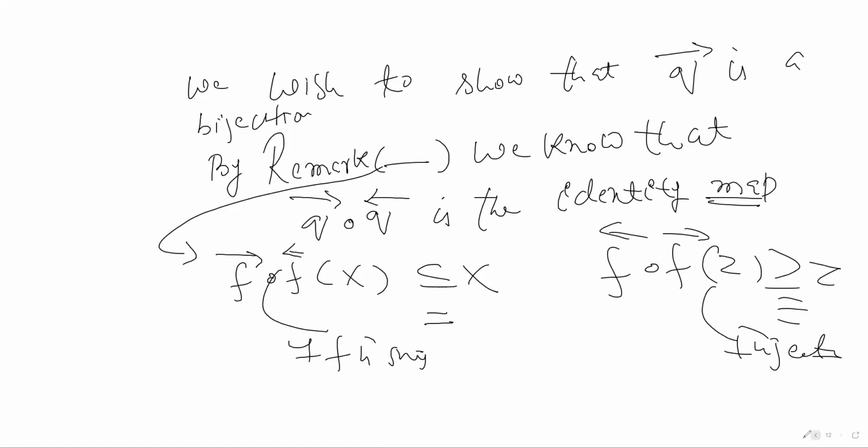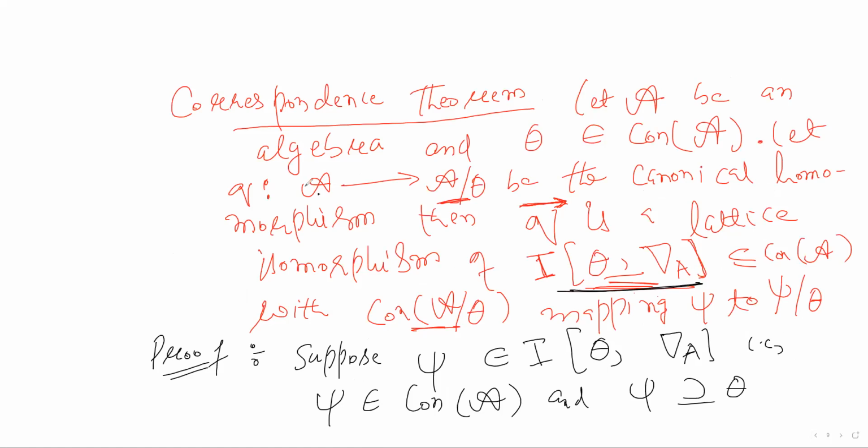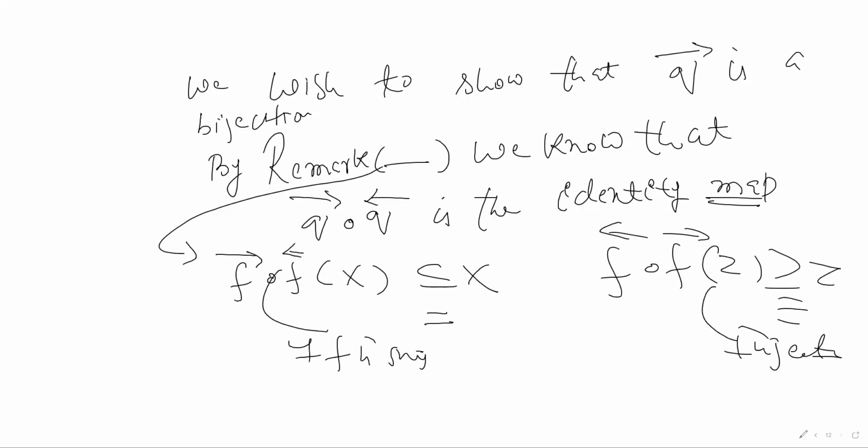Now if you remember, our Q is surjective because it's a natural projection. It's a surjective map. So therefore this Q forward arrow composition Q backward arrow is the identity map.